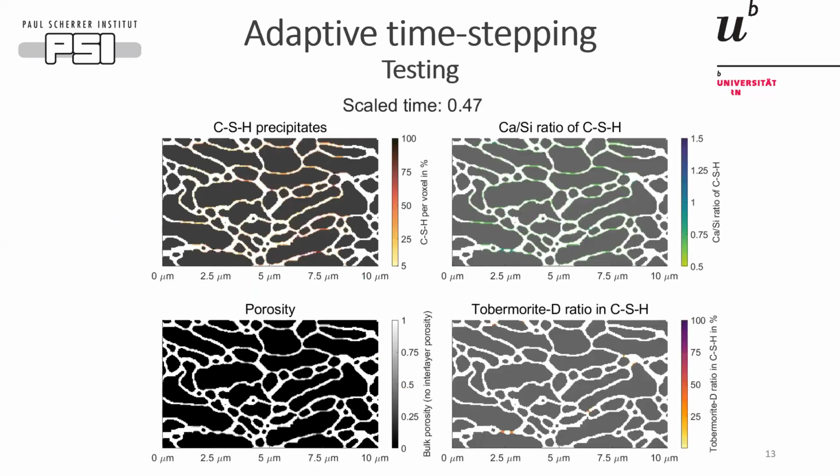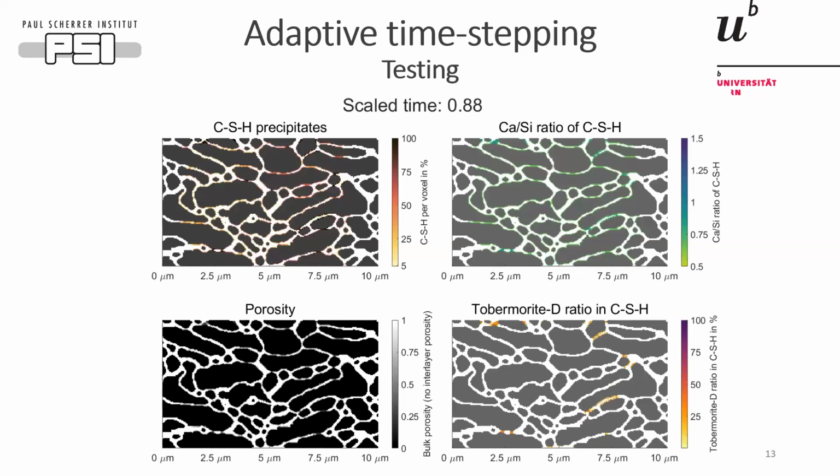Now, the significant acceleration allows us to conduct several simulations to test different chemical conditions to increase the time span and/or the geometry size. This pore scale model also gives insights into values of all relevant parameters at every location of the pore space and at every time. An example are the CSH precipitates, which you already saw before.